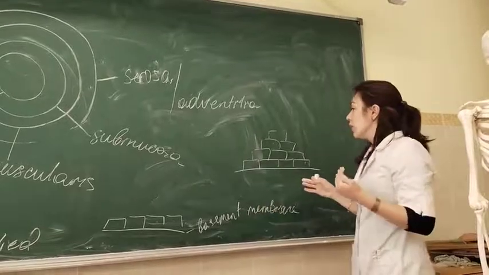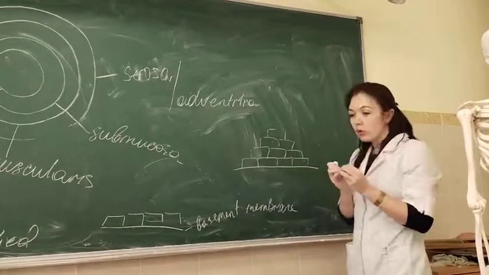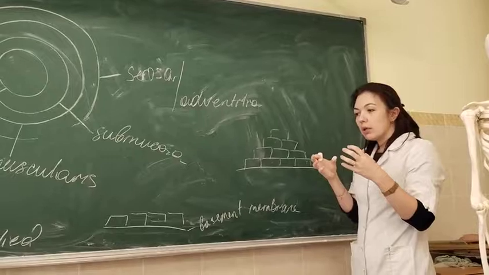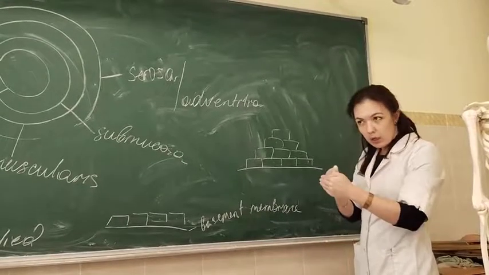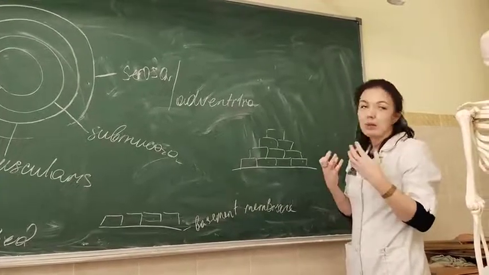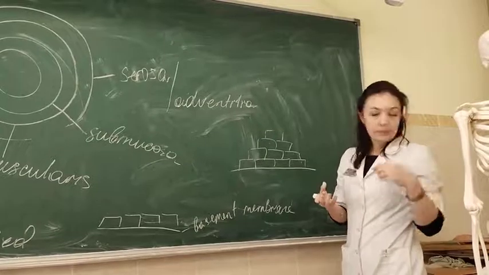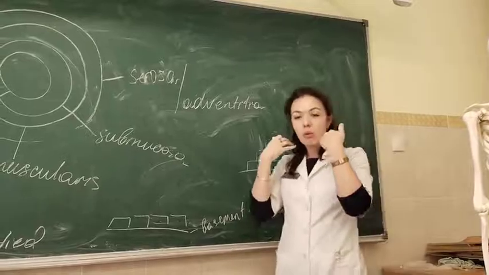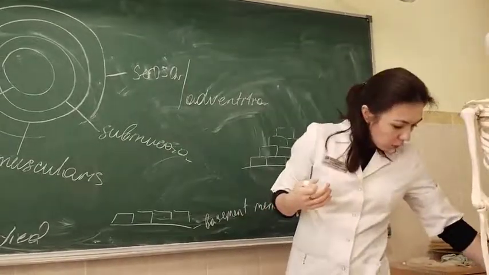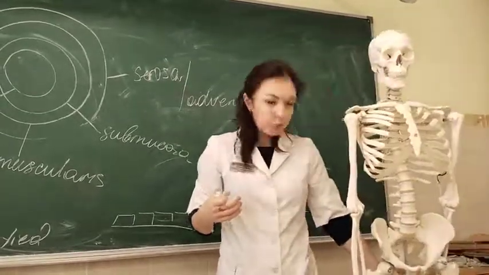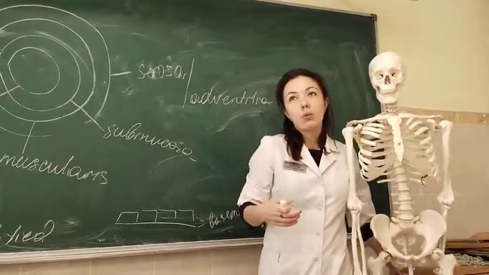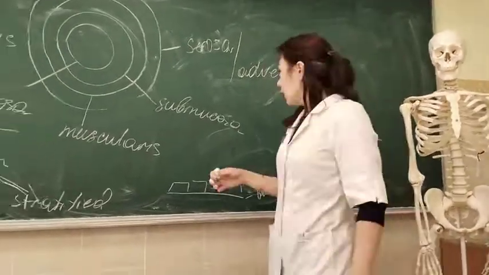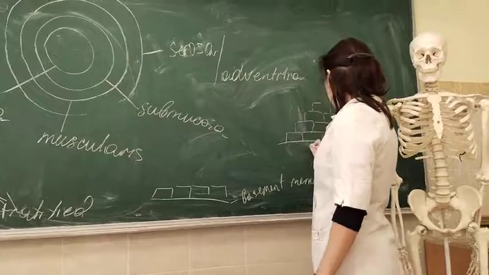Those hollow organs in contact with the external environment are in more danger. We don't know what exactly enters our oral cavity. It can be solid food, it can be even not food at all. So to protect the mucosa from damage, epithelium here is stratified.